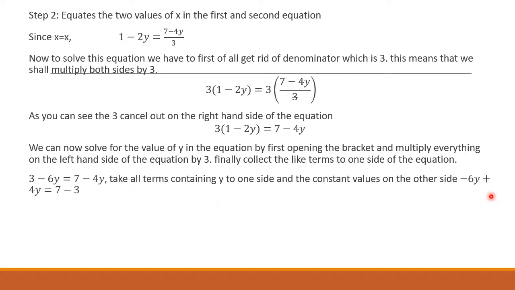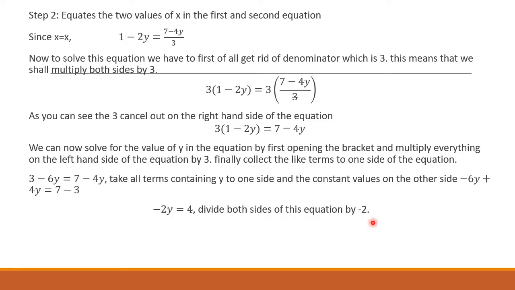So the new equation is going to be negative 6y plus 4y, because this 4y crosses over to the other side of the equation where it becomes positive, is equal to 7 minus 3. This minus 3 is coming from the fact that we were subtracting 3 from both sides. If the number is positive here and crosses the equal sign, it becomes negative, as you can see here. If we simplify that, negative 6y plus 4y gives us negative 2y is equal to 4.